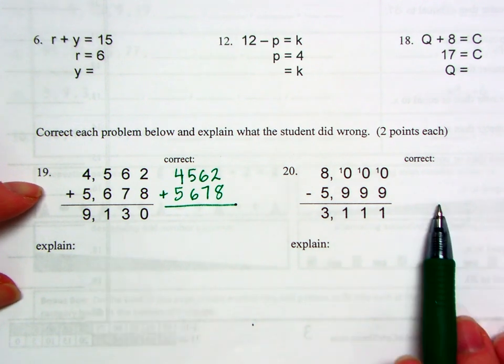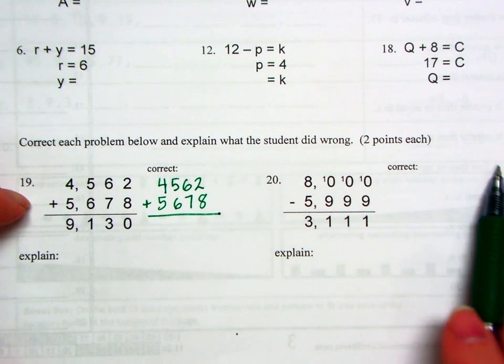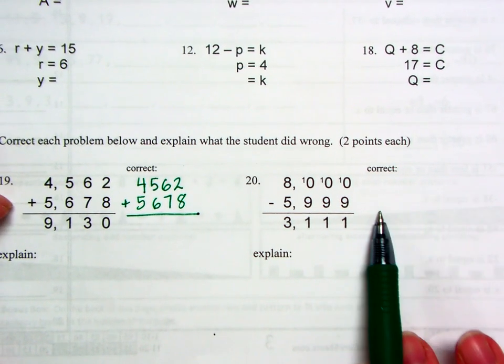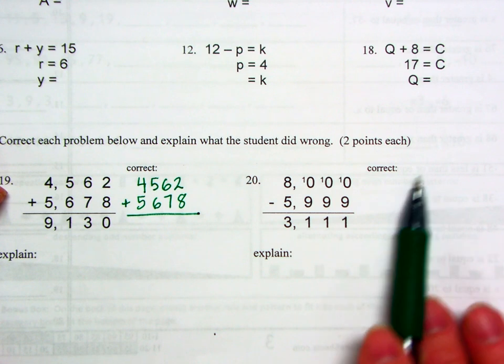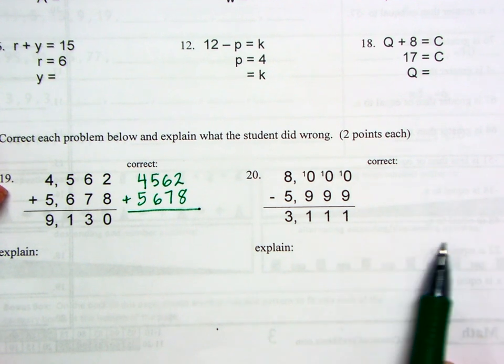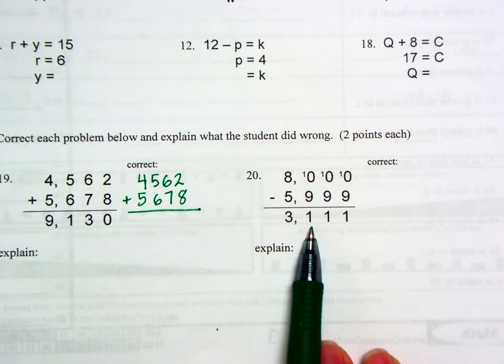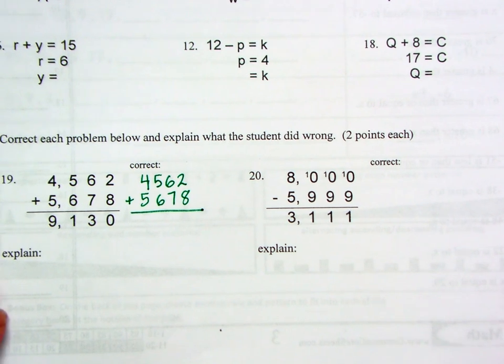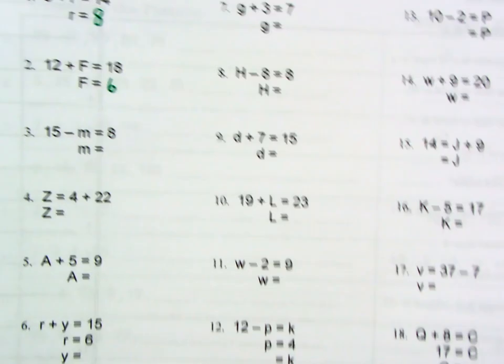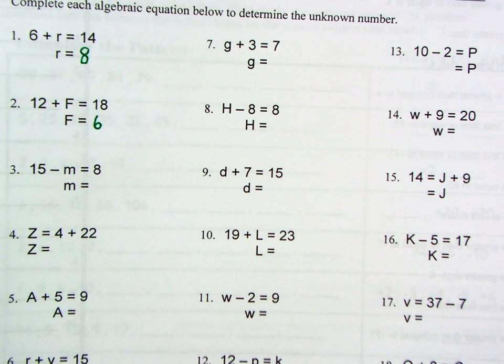And then you're going to do the same for this problem. Recopy the problem, 8,000 minus 5,999. Work out the subtraction problem. And then look back here to figure out what this student did wrong and explain it at the bottom of the page. Okay, that's it for page 3.